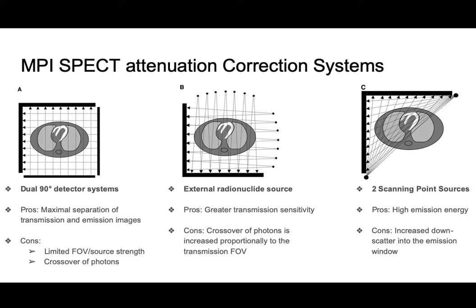It releases energy around 356 keV, which is 3 times higher than the previous two systems. This high emission energy allows the Ba-133 to be placed well above the other two radionuclides. But it also increases the downscatter into the emission windows.